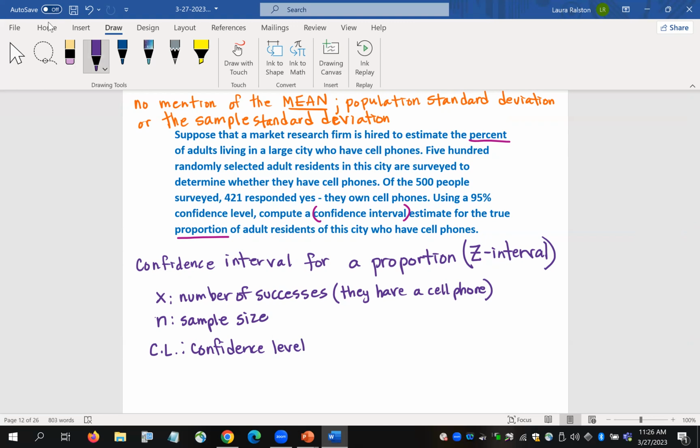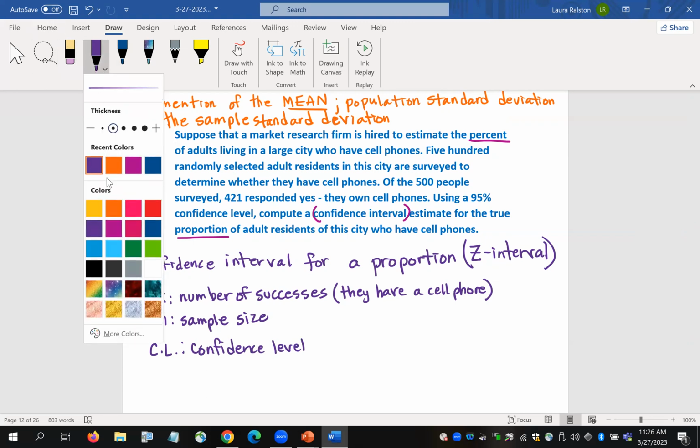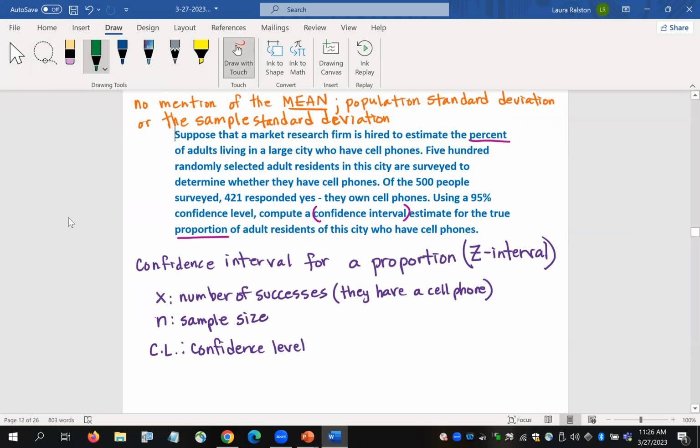Guys, all of that is given in the problem. If I go back and read, it says 421 people responded, yes, they own cell phones. So I had 421 successes.